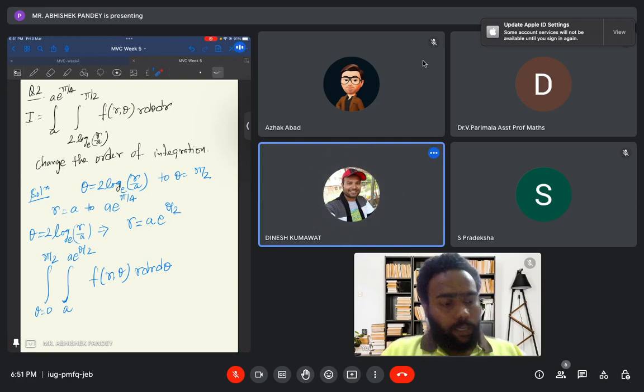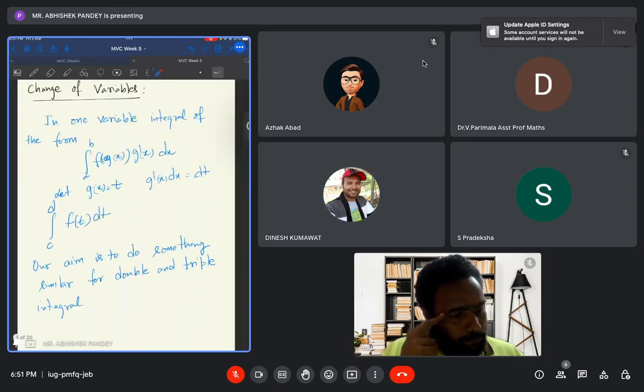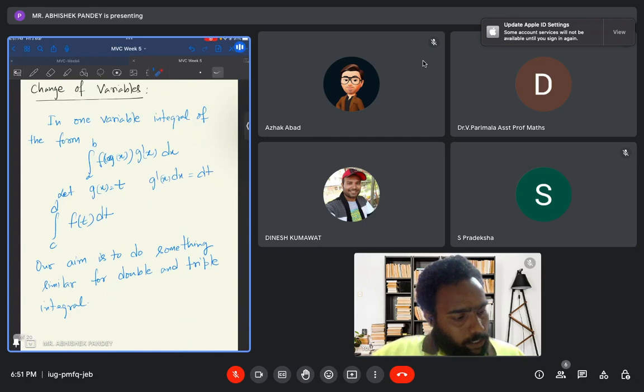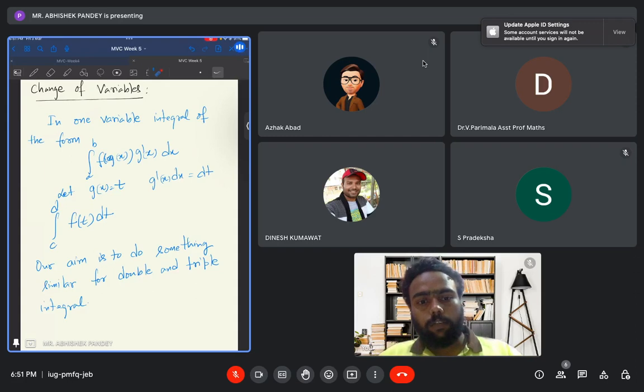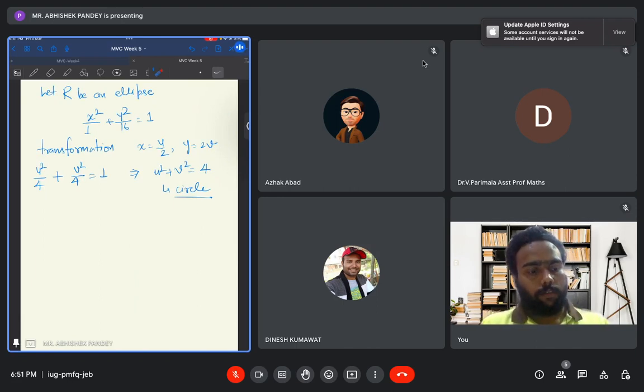Okay, sir. Okay, so like earlier I have said, in changing the order of integration, the key point is that once you're changing the variable, here we are changing the variable x. By the transformation, x we are changing by r and theta, and similarly y by r and theta. So the region of integration will also get changed. Those things you have to keep in mind.